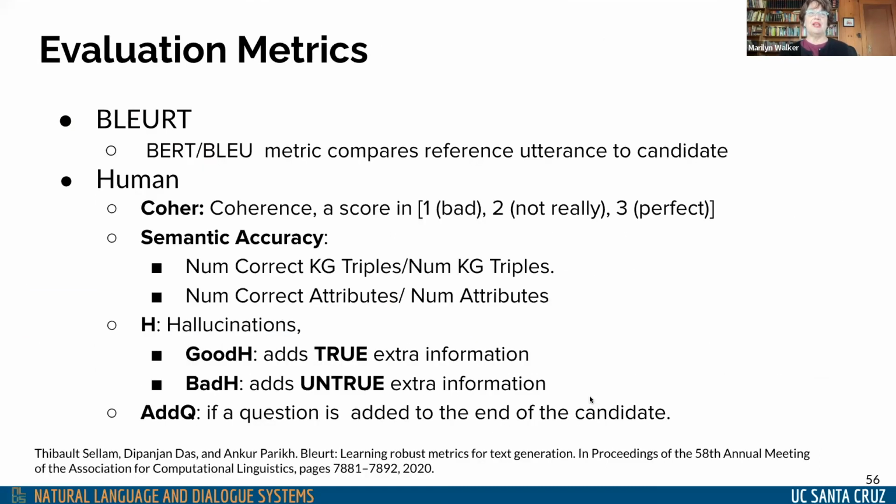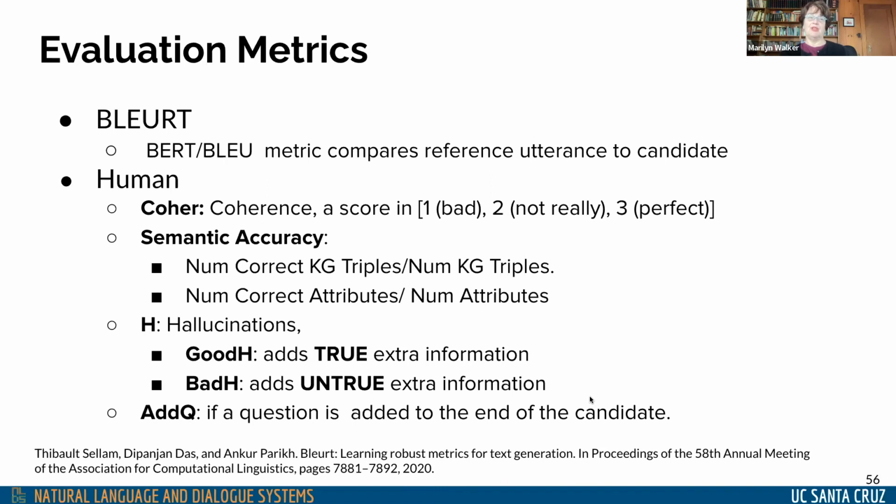Our evaluation metric is BLERT, which is a BERT embedding based version of BLEU that allows you to get a little bit more at semantic meaning than BLEU does by generalizing over word embeddings. And then we did a lot of human evaluation because we didn't really trust BLERT.